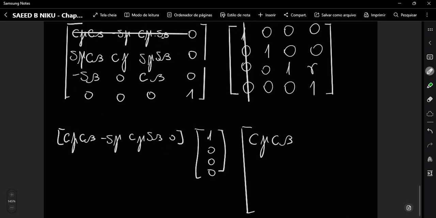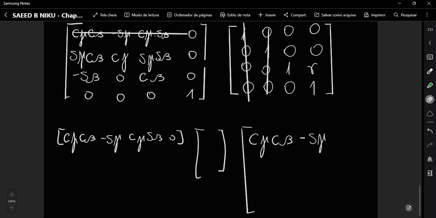And now this column, which is going to return to us, let's see, 0, 1, 0, 0. We will return minus sine of gamma.